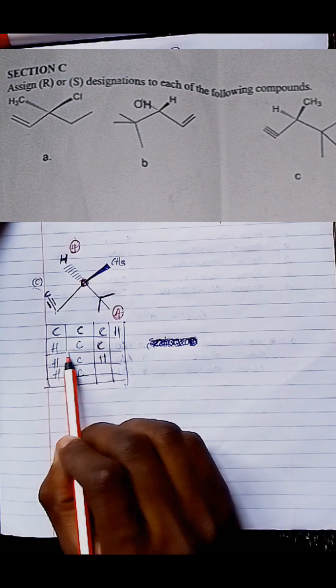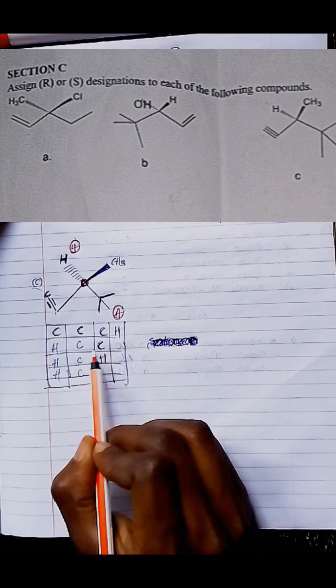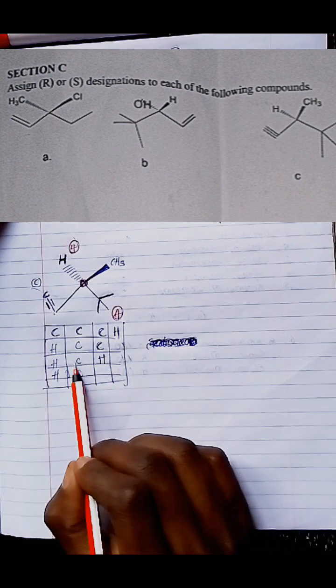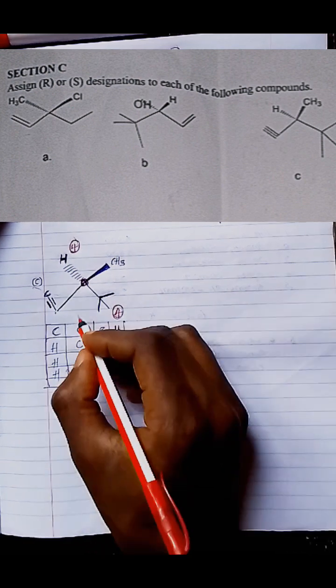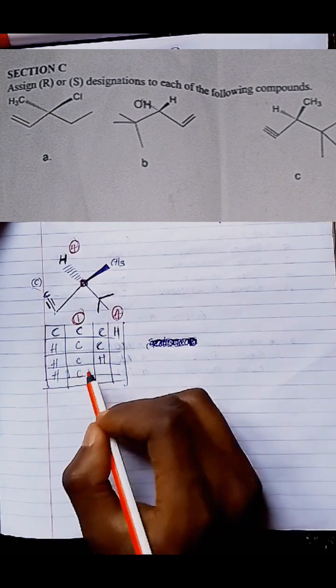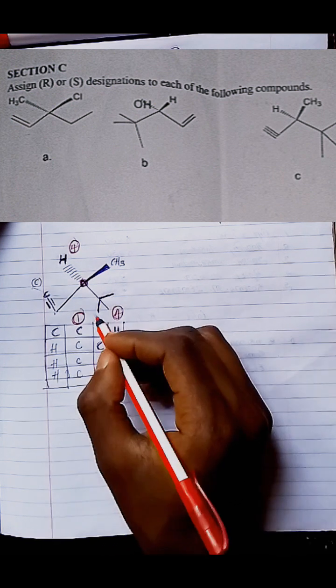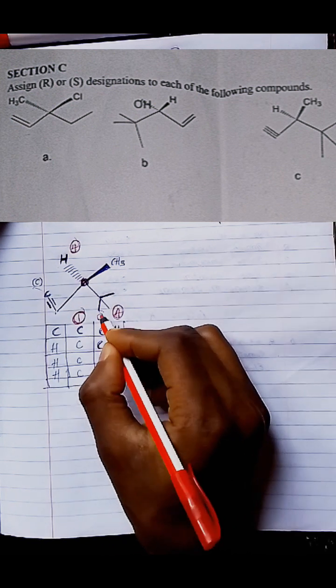So we analyze the second row. When we analyze the second row, there's also a tie there. So one of these should be first priority. We analyze the second row, this one. So this one gets first priority. That means second priority should go to which one? Second priority should go to this one.